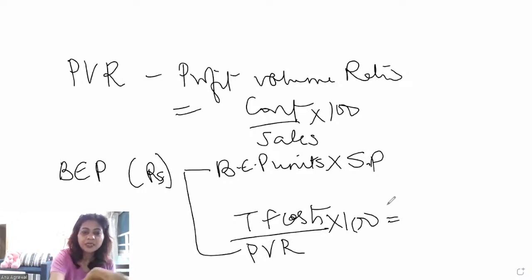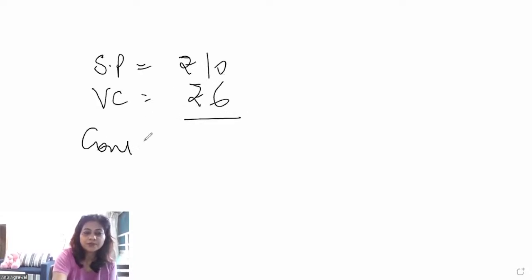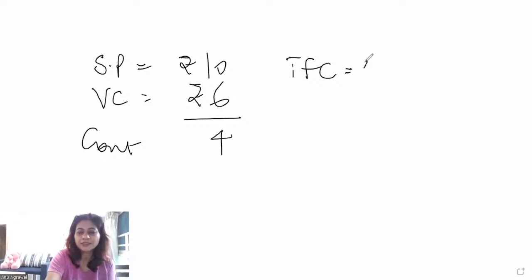Okay. Let us say the selling price is rupee 10. Let us say variable cost is rupee 6. So what is contribution? It is 4. So if my total fixed cost, let us say, is 4 lakhs.